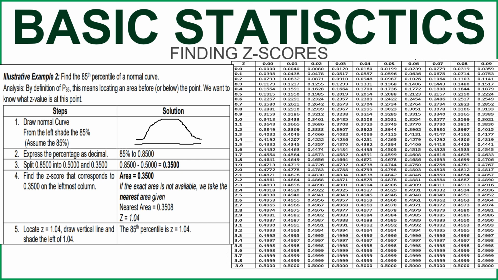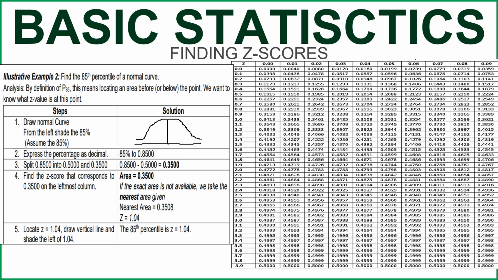So, sabi ko nga sa inyo, yung technique lang dyan is, tingnan nyo yung percentage. If higher siya sa 0.5, subtract nyo yung percentage sa 0.5. If lower naman siya kaysa sa 0.5, isubtract nyo yung 0.5 sa percentage.